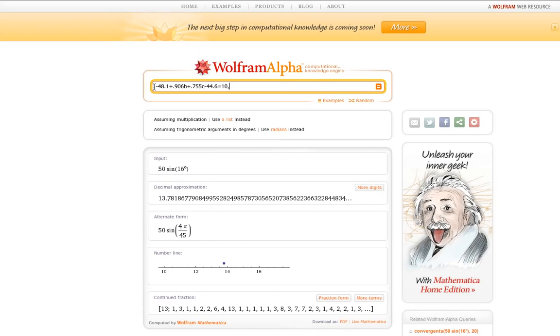Our second equation is 13.8 plus 0.423b minus 0.656c minus 22.7, and this is equal to 0.